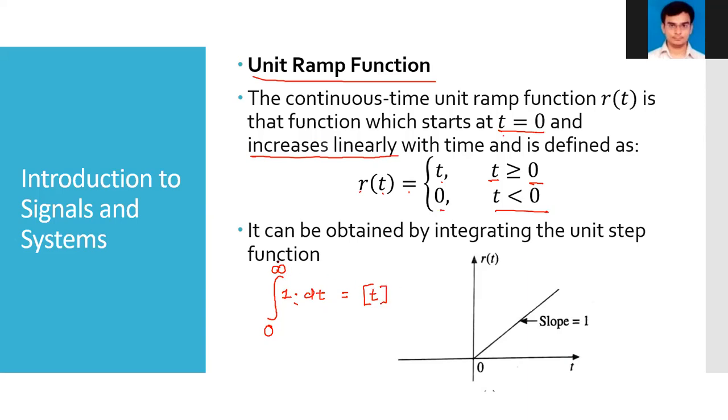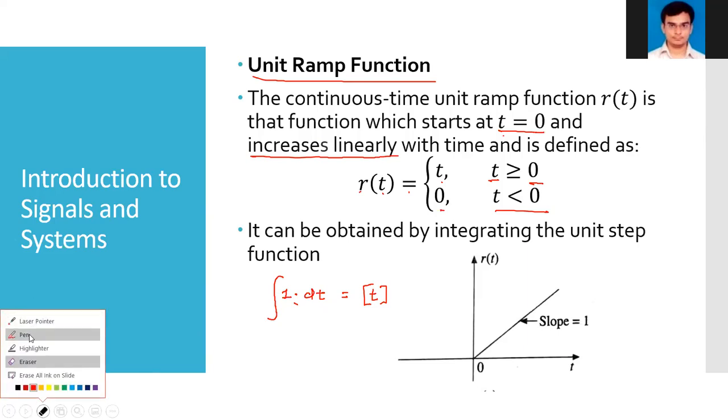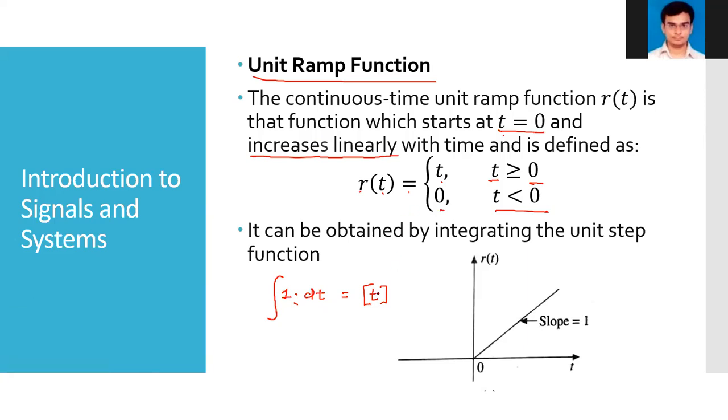If I don't define the limit, then integration of 1 dt is equal to t. So r of t is equal to t for t greater than or equal to 0. It is 0 for t less than 0.